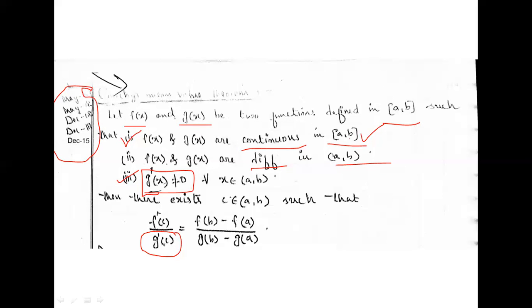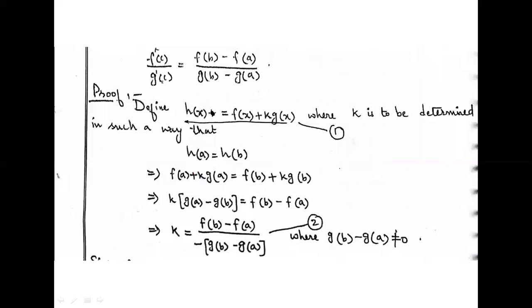Remember these brackets: square brackets are used for a closed interval, and these smooth curved brackets, also known as parentheses, are used for an open interval. These are the basic concepts.